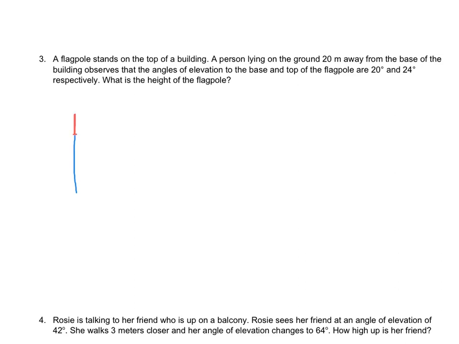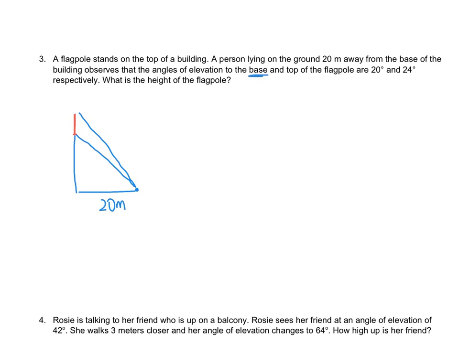So we have to differentiate between the two. There's someone lying down on the ground 20 meters away from the building. And they look up to the flagpole, but they're looking up at the base of the flagpole and at the top of the flagpole. That's why we have two angles of elevation.